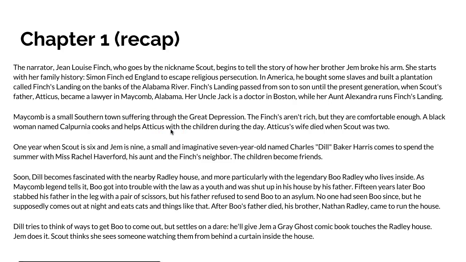and the people that are in that town and their religious focus, the kind of deep racism that exists within the South at this time, and where Scout, who's the narrator, her father Atticus and her brother Jem, where they kind of sit in the social hierarchy of that town.